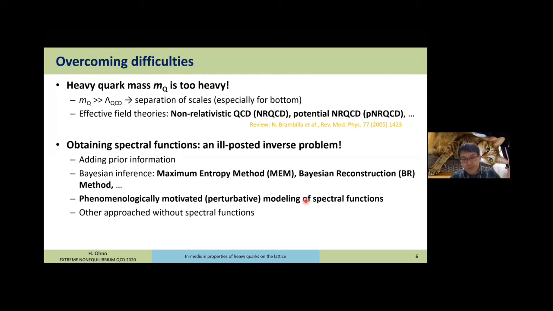And of course, one can also tackle this problem by using approaches without directly measuring the spectral function itself.